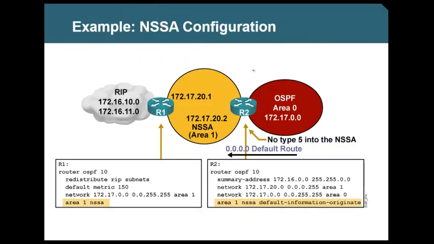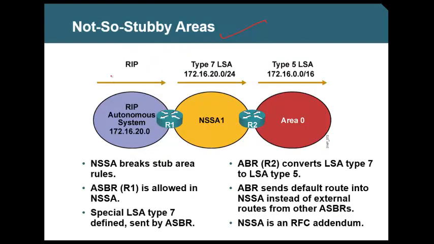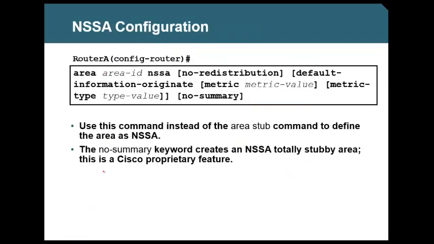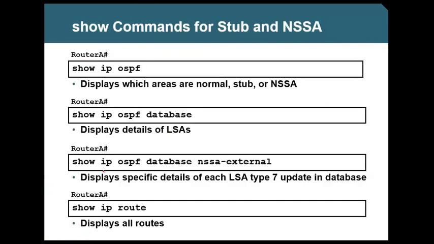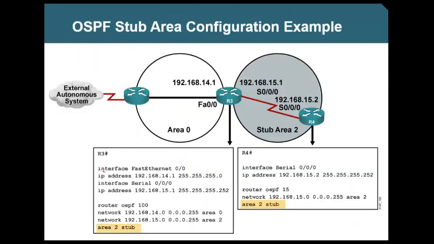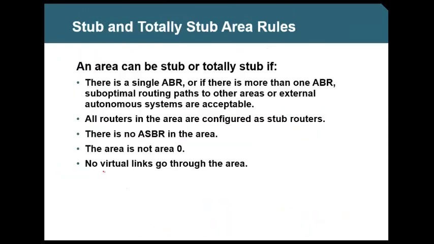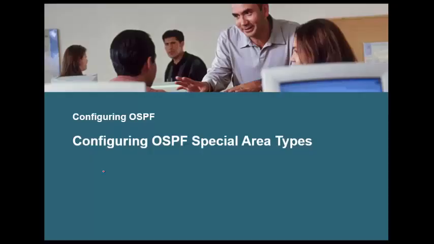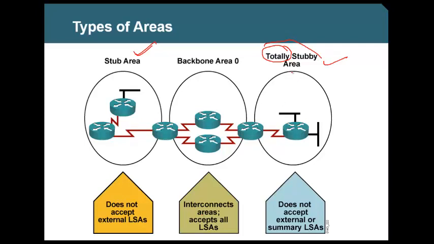But this one is seen with everyone: not so stubby area and the stub. They are seen in both Cisco and non-Cisco. Totally stub and totally not so stubby are seen only in Cisco. Only 4 things: stub, totally stub, not so stubby area, totally not so stubby area.